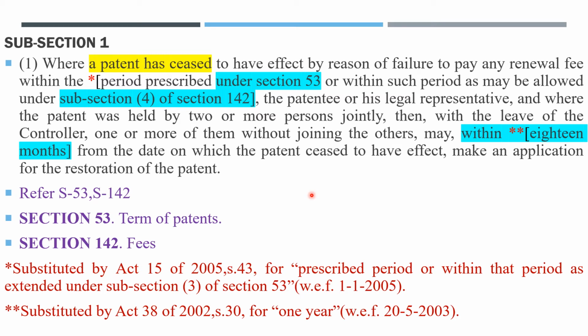So I have tried to explain the whole subsection by dividing it into different parts. I hope it is pretty much clear now. I don't think I need to explain it more, because at each stage I have clarified.